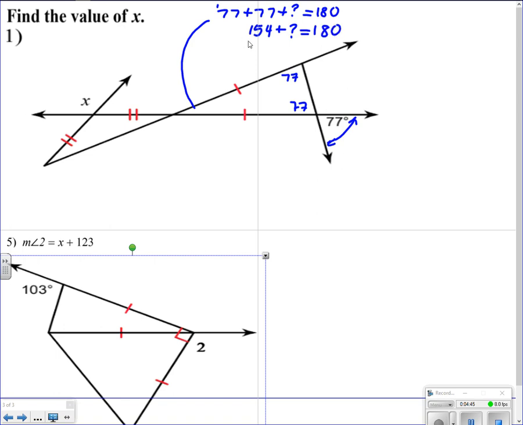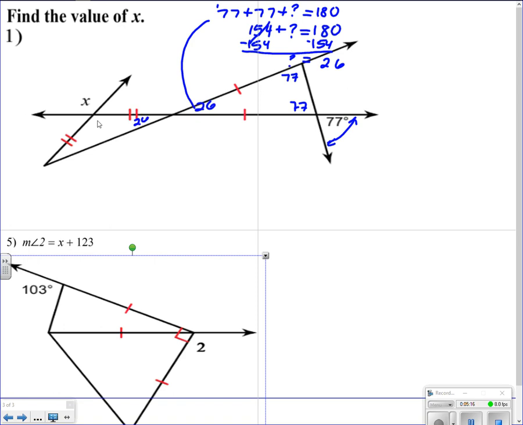Get the question mark by itself: minus 154 on both sides. This will cancel, so the question mark will be equal to 26. So this angle right here will be 26. This is 26, and this will also be 26.